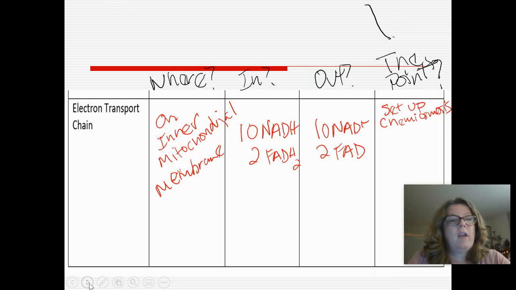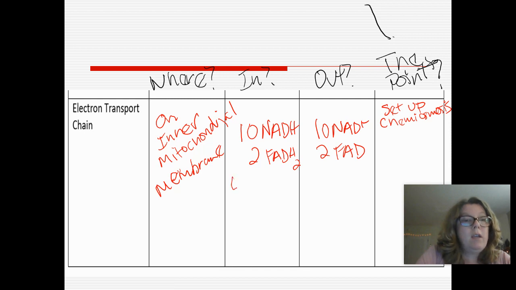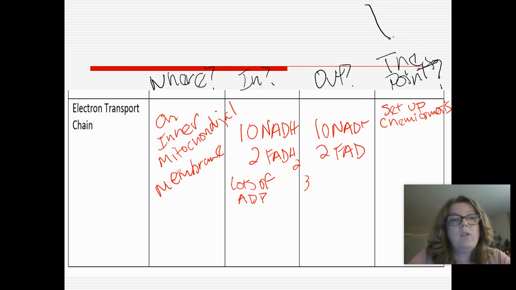In fact, what we're going to generate here, we're going to bring in lots of ADP, and we're going to generate 36 to 38 ATP from this.